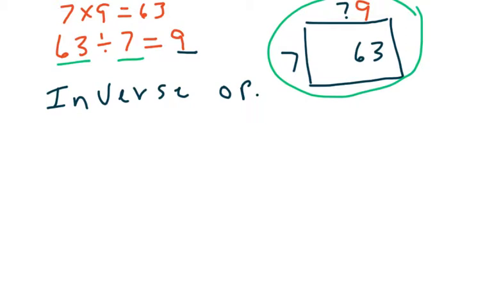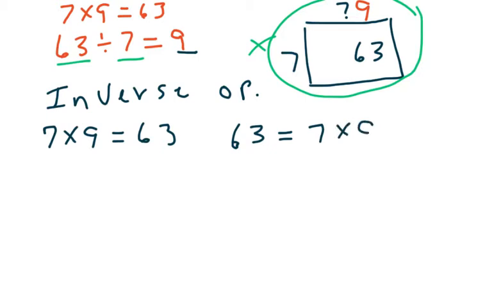So we could write down these problems that come from this model here, okay? Let's see. If we were doing the multiplication, we could have the problems of 7 times 9 equals 63. Or we could say 63 is 7 times 9.